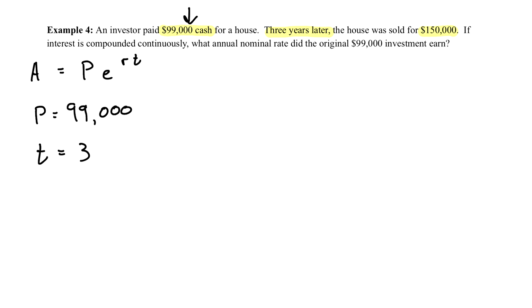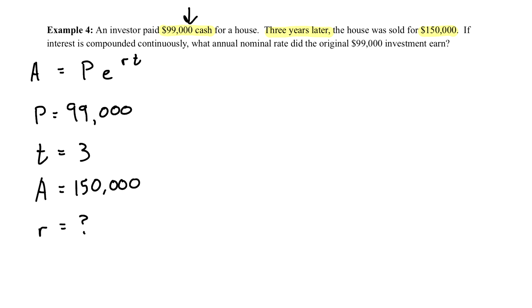It says the house ended up selling for 150,000. So that was my end balance. So that means that my A is 150,000. The question here is asking, what annual nominal interest rate did this investment earn? So I'm trying to solve for my interest rate r, which is the only piece I'm missing here.